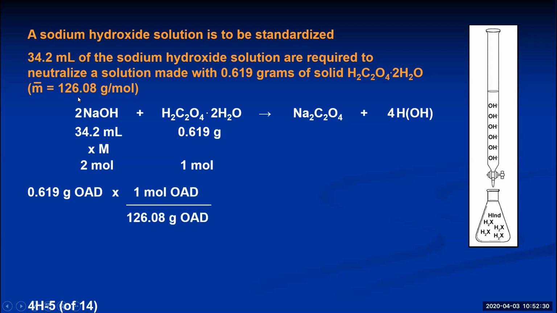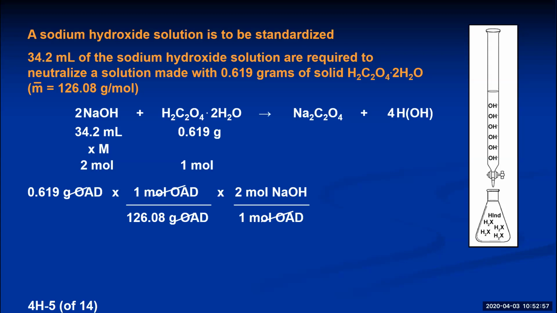So I'm going to use that molar mass to convert the grams into moles by putting the 126.08 grams on the bottom to cancel out and mole on the top. And that allows us to go to the second step, which is going to be the mole ratio in the balanced equation. 1 mole of oxalic acid dihydrate on the bottom, 2 moles of sodium hydroxide on the top, and now we've figured out how many moles of sodium hydroxide were in the 34.2 milliliters that we dribbled into the flask.